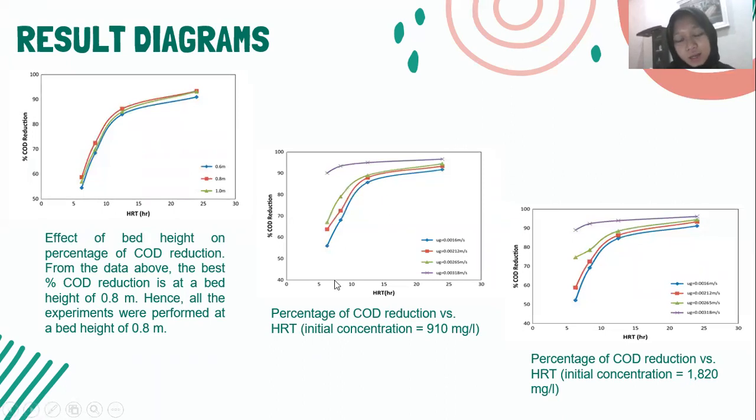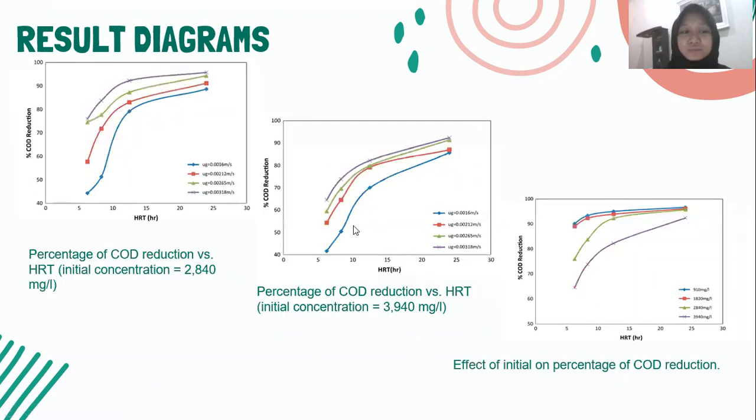And the next is the diagram of percentage of COD reduction at concentration 910 milligram per liter, concentration 1820 milligram per liter, 2840 milligram per liter, 3940 milligram per liter, and the last is the effect of initial concentration on percentage of COD reduction.